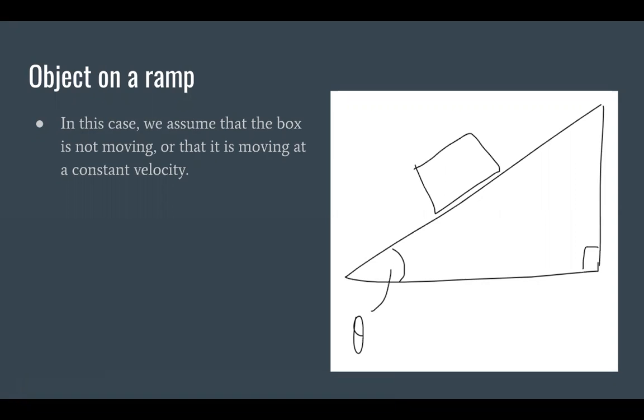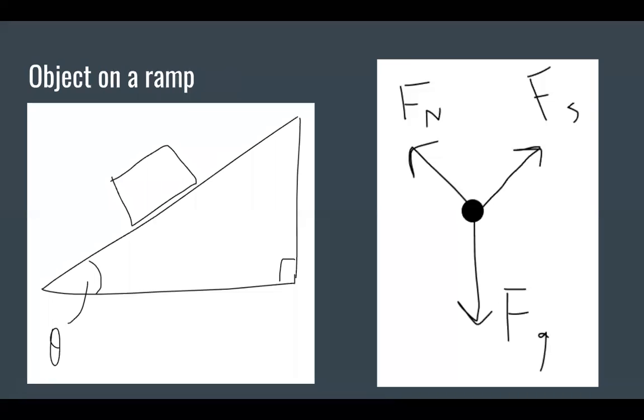When we consider the free body diagram for this scenario, there are three forces at work here: our gravitational force pointing straight down, our normal force pointing perpendicular to the surface, and our frictional force, in this case static friction, or Fs, pointing to oppose the potential motion.